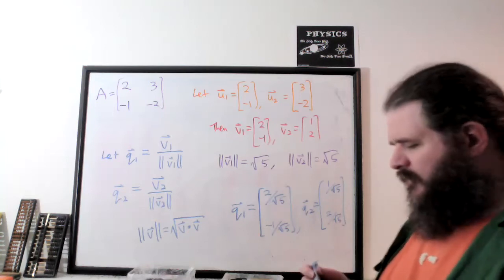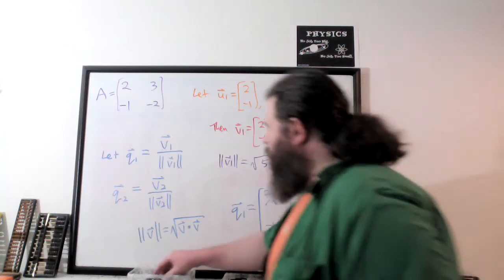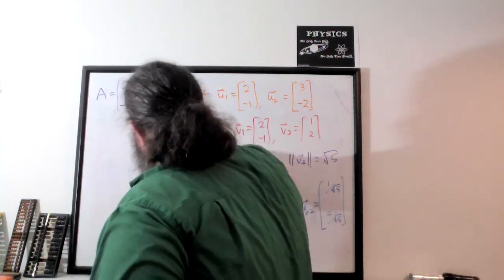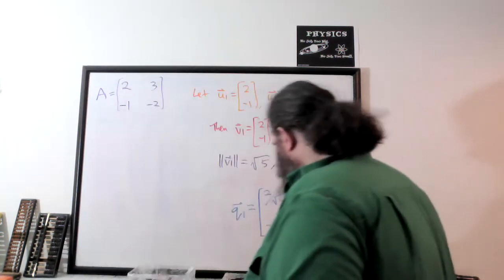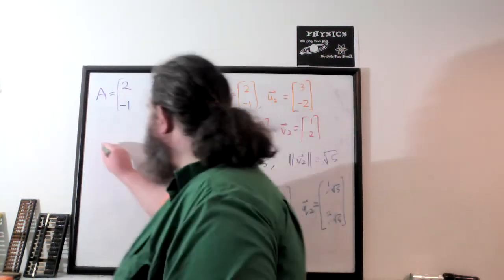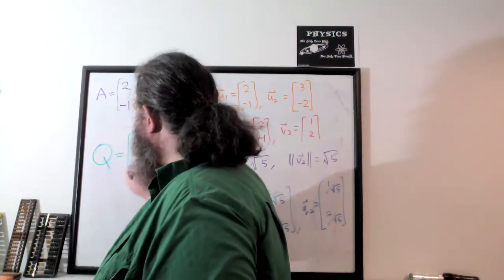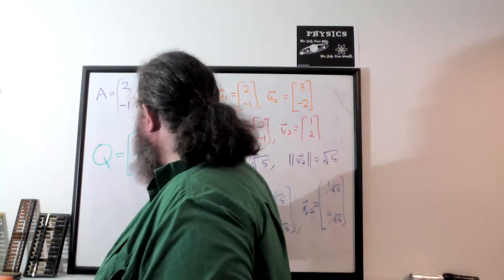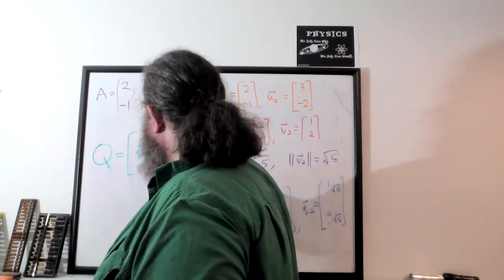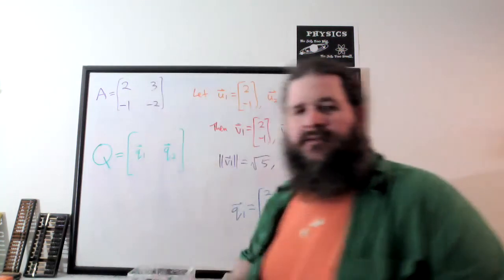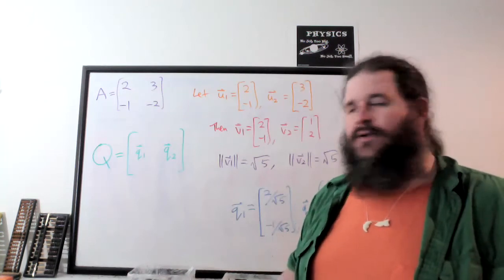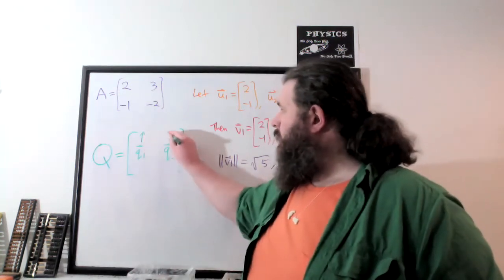And we use these Q vectors to make what we call the Q matrix, capital Q, which is just going to be vectors Q1 and Q2 as columns. And of course, there could be more. If A was 3 by 3, we'd get 3 vectors, Q1, Q2, Q3, so those would be the columns.